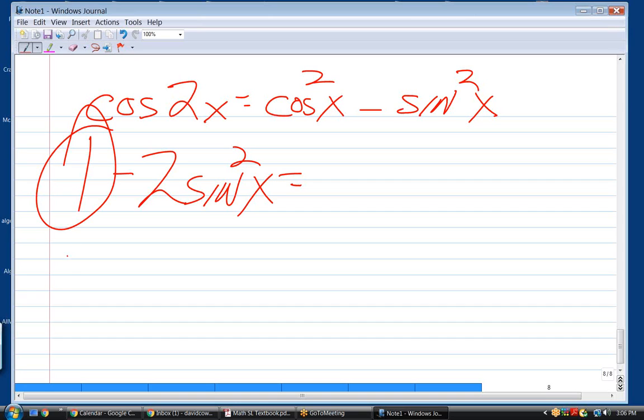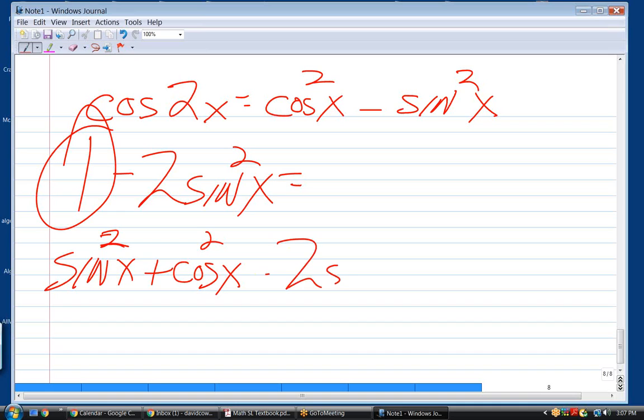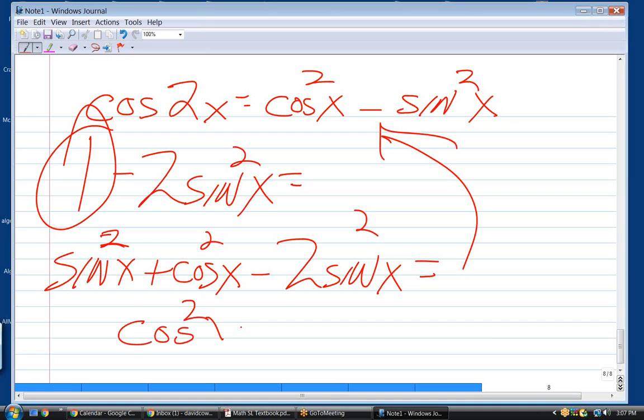In other words, 1 is sine squared x plus cosine squared x. Now I'm saying minus 2 sine squared x. Is that all equal to that? And yes, it is. Sine squared x minus 2 sine squared x is minus sine squared x. So this whole thing becomes cosine squared x minus sine squared x.